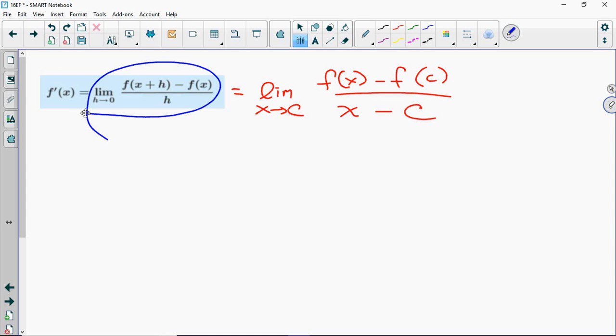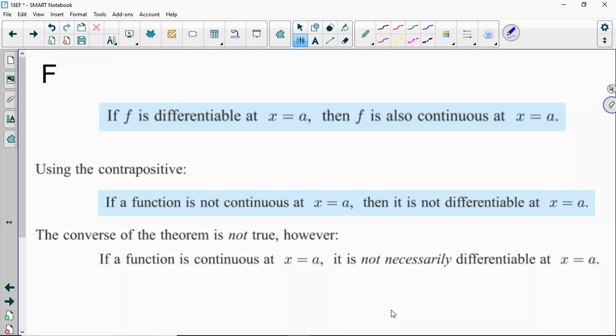There are times when using this definition can be a little more algebraically preferable to establish what a derivative is or that it doesn't exist. But I would say the vast majority of the time in this course, we should be using the one that's in the formula book. And finally, we spoke about differentiability earlier. This is a really important concept. If a function is differentiable at a particular point, then it must also be continuous at that particular point.